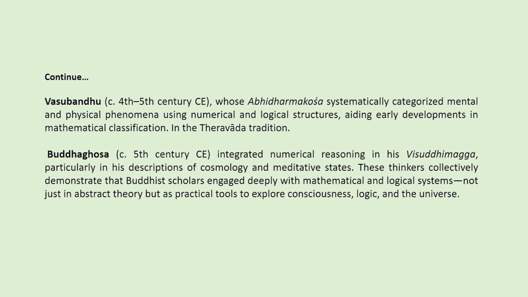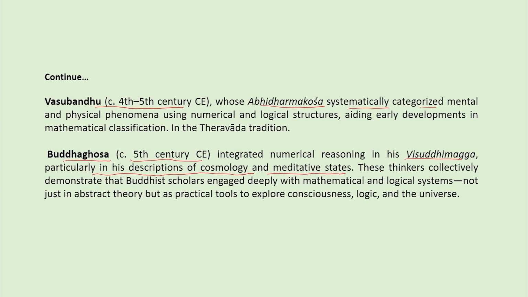The next name is Vasubandhu, 4th-5th century CE, whose Abhidharmakosha systematically categorized mental and physical phenomena using numerical and logical structure, aiding early developments in mathematical classification in the Theravada tradition. The next name is Buddhaghosa, 5th century CE, who integrated numerical reasoning in his Visuddhimagga, particularly in his description of cosmology and meditative states.